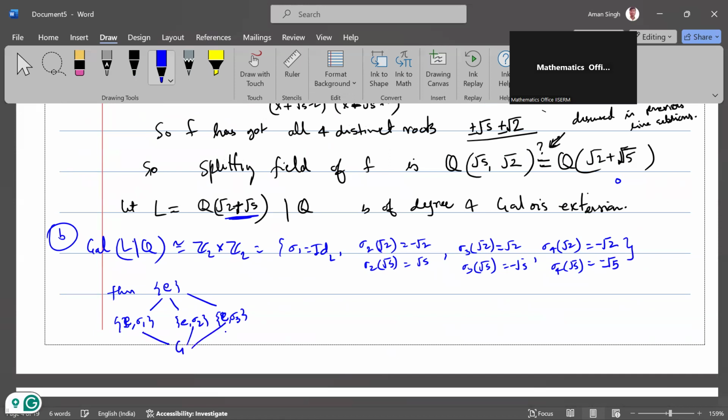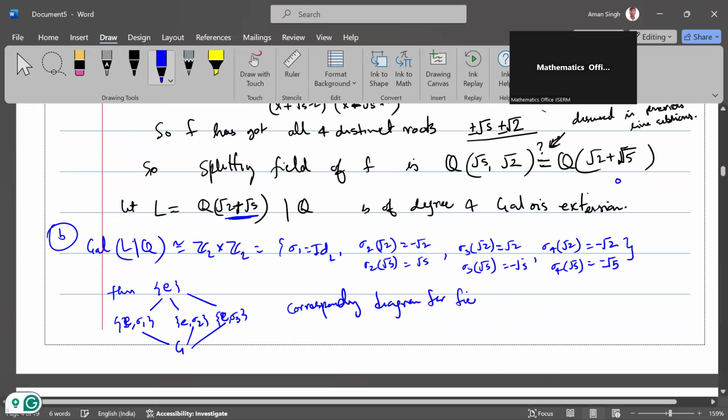For the corresponding diagram for the lattice of fields, for the identity, we have that the identity fixes all of the elements of L. Oh, sorry, this is sigma 2, this is sigma 3, this is sigma 4, because identity is sigma 1.